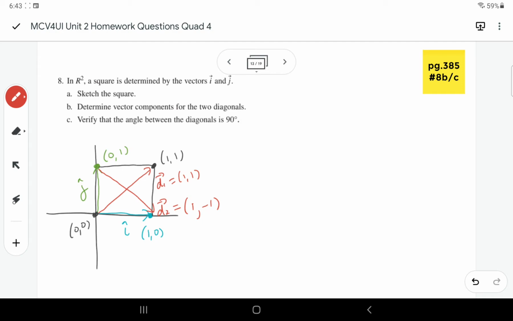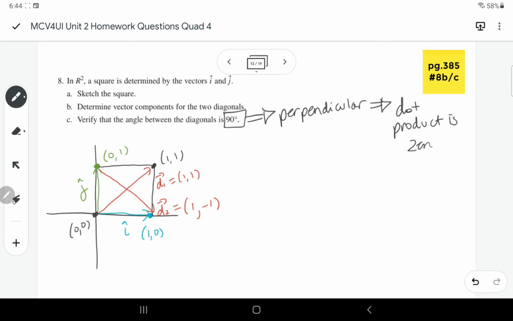So we want to verify that the angle between the diagonals is 90 degrees. So remember that whenever you see perpendicular, I want you to think dot product is 0. So I want to basically prove that D1 dot D2 equals 0, and that will tell me that it's 90 degrees.